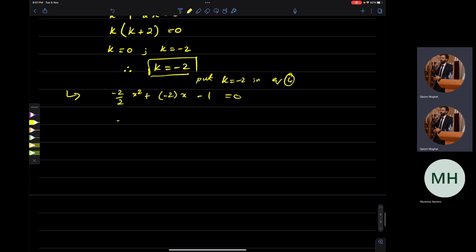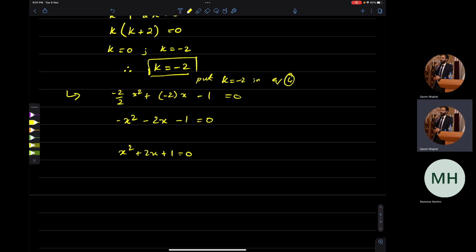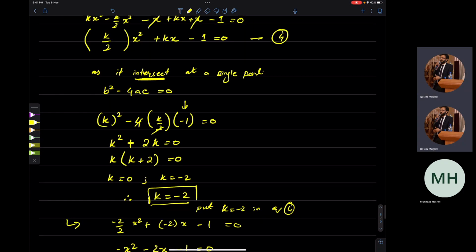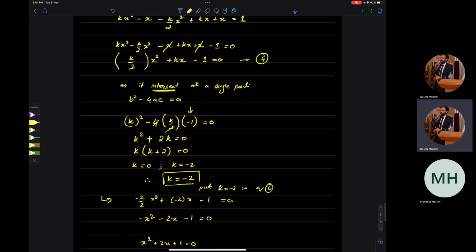All right, so negative x squared, negative 2x, negative 1 equals 0, which is x squared plus 2x plus 1 equals 0. I don't think this is correct. Wait a minute, let me just check again. K equals minus 2.